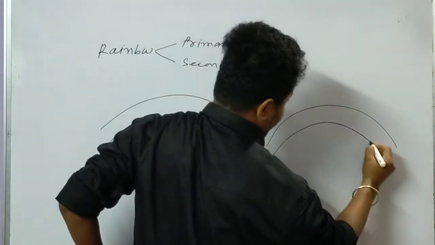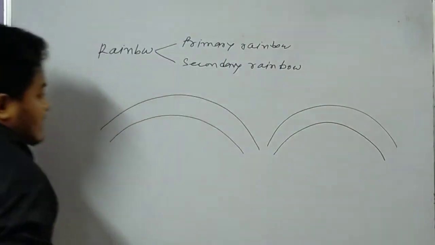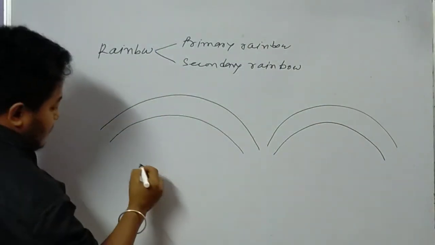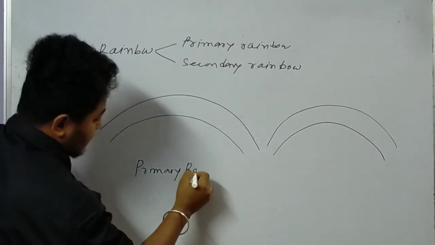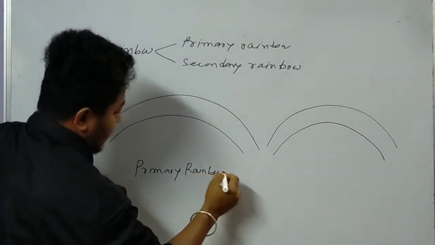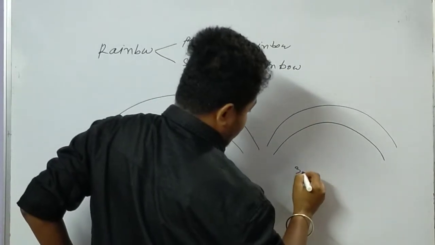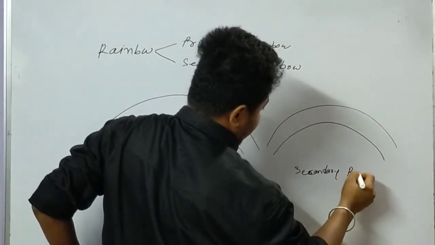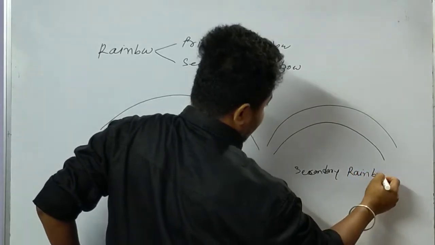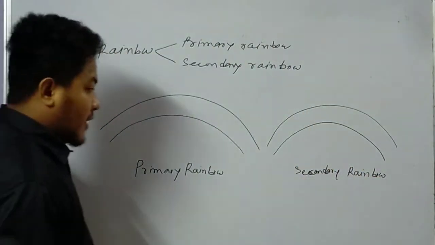That means we have taken two rainbows. Suppose this is the primary rainbow, and this is the secondary rainbow. So what is the difference between them?